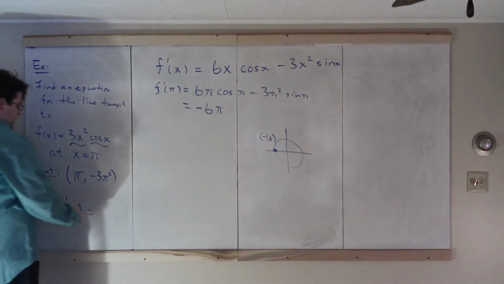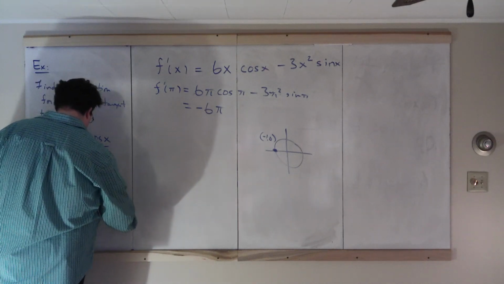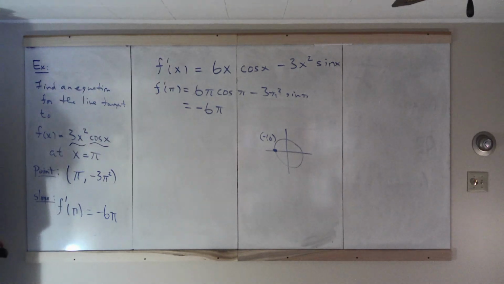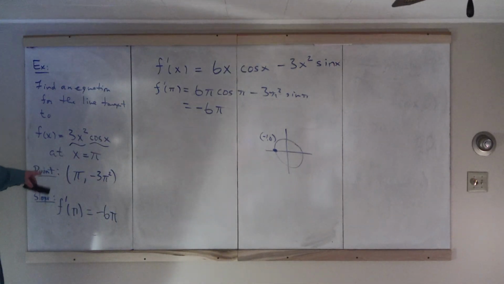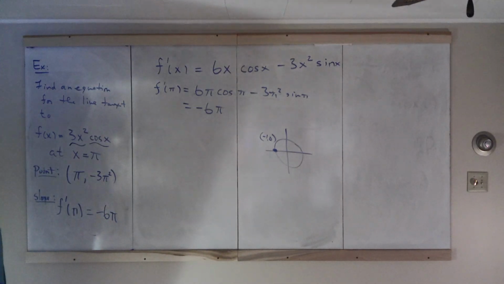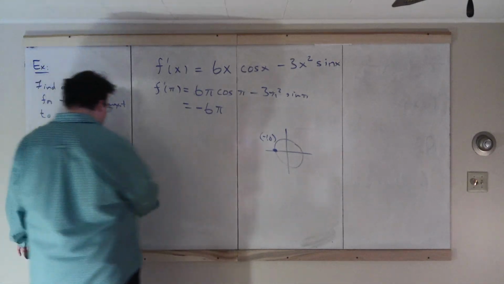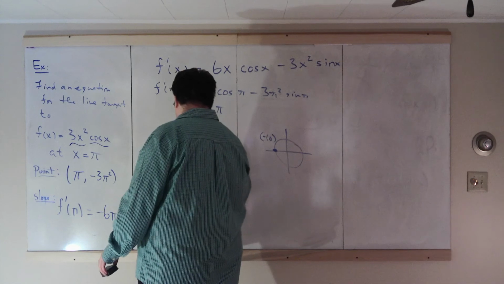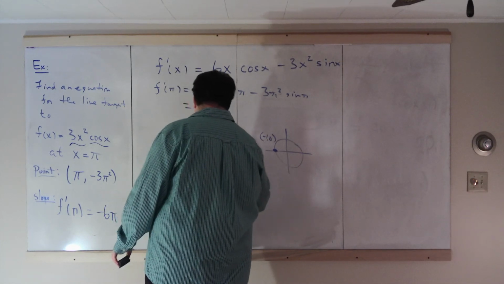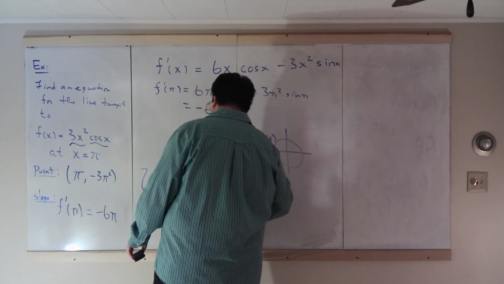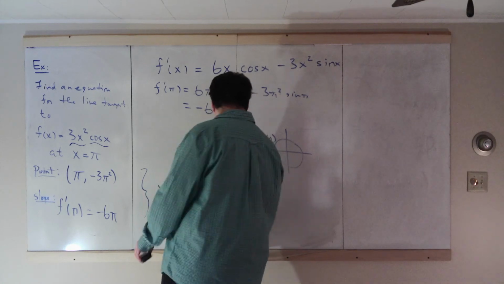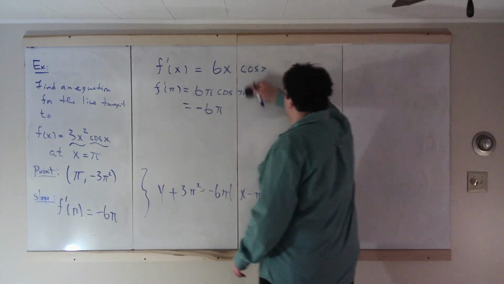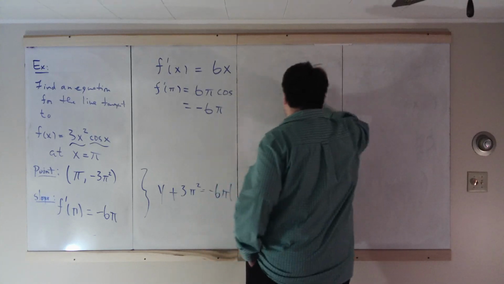So negative 6 pi minus 0 simplifies to negative 6 pi. So we have our point is pi and negative 3 pi squared. Our slope is negative 6 pi. So the equation for the line is y plus 3 pi squared equals negative 6 pi times x minus pi. So we needed a point and we needed a slope.